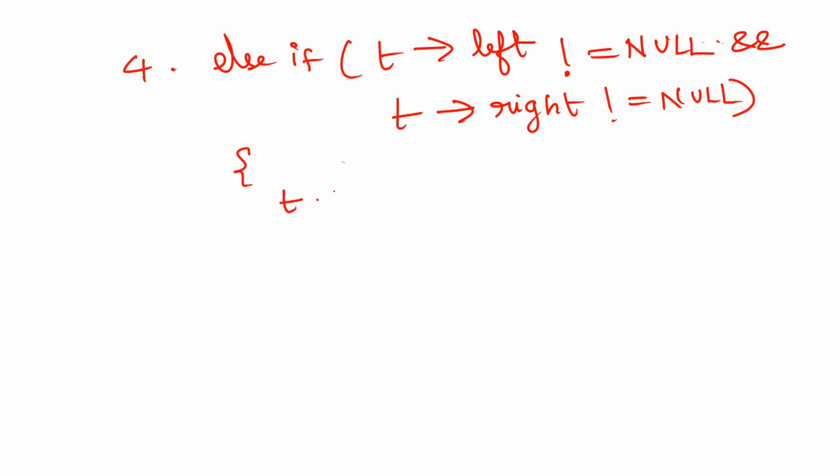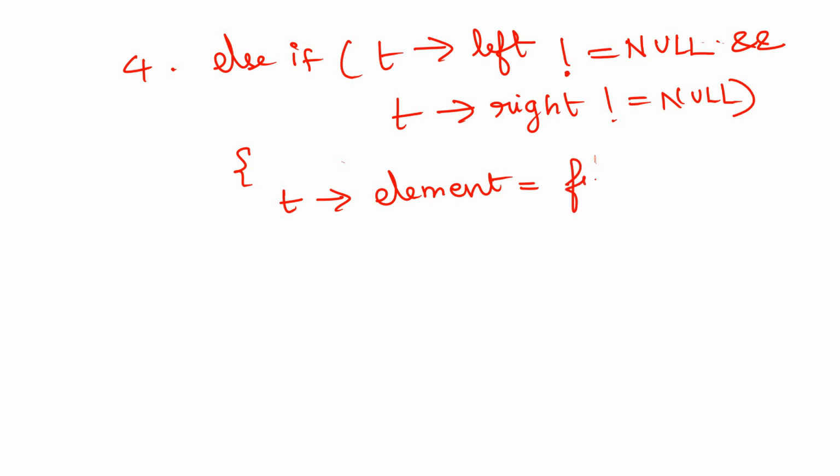We have to consider the t of element. I need to identify the minimum of the right subtree. So this fourth condition is for deleting a node having two children.